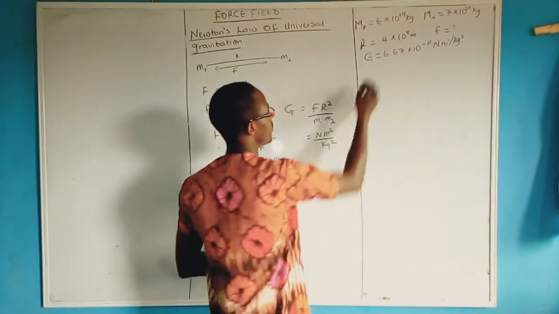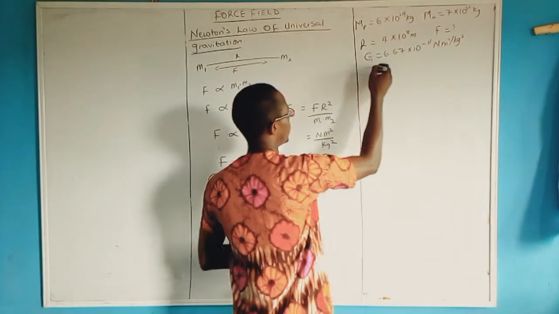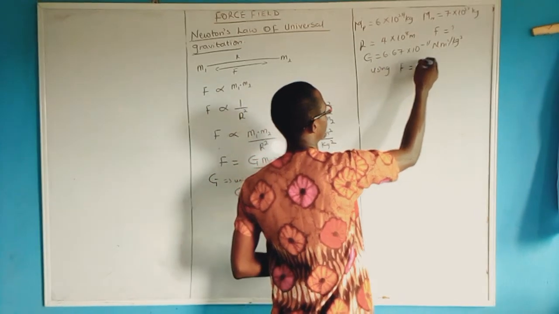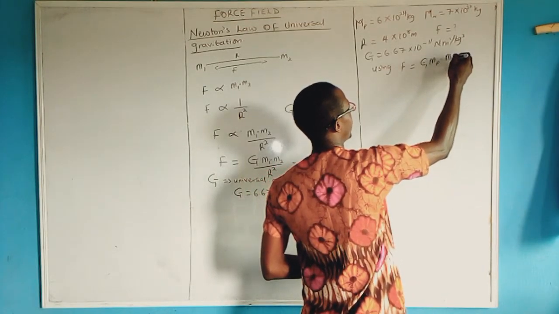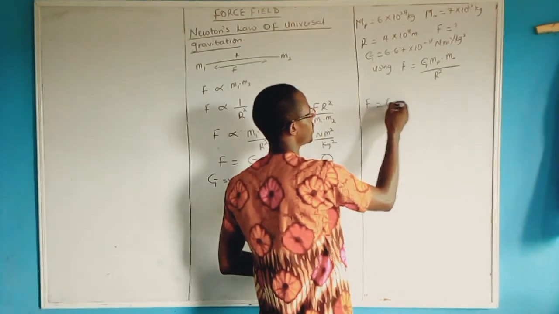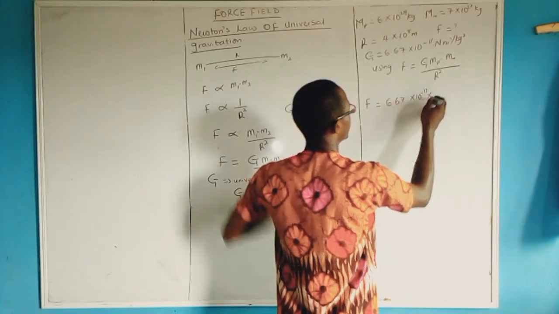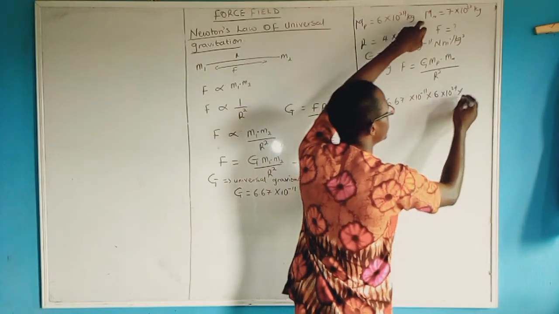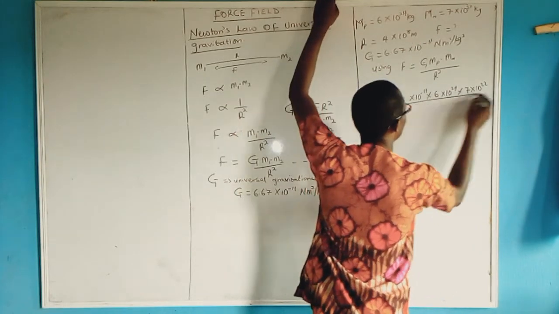So from there, using the formula we have just derived, F equals G M_P M_M all over r squared. So I can have F equals 6.67 times 10 raised to the power minus 11 times the mass of the planet, which is 6 times 10 raised to the power 24, times the mass of the moon, which is 7 times 10 raised to the power 22, all over r squared.